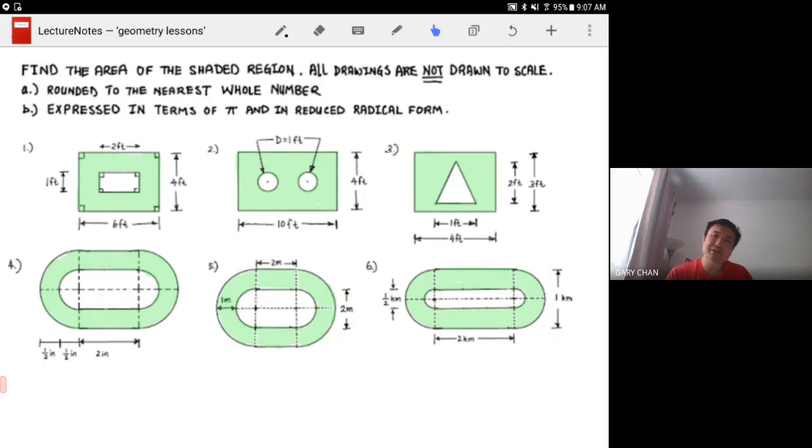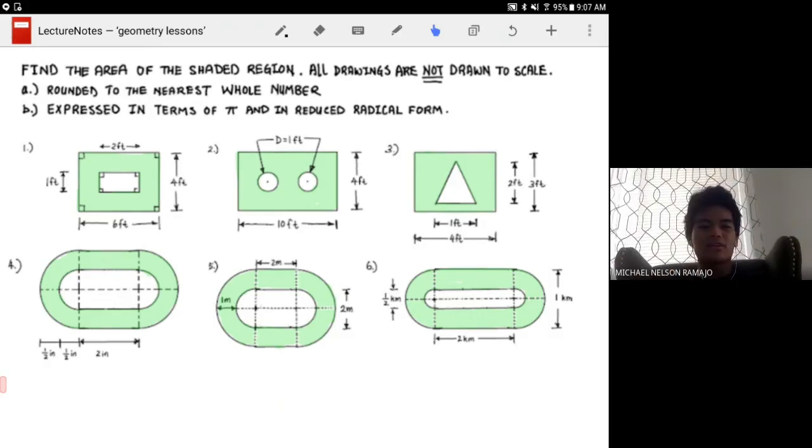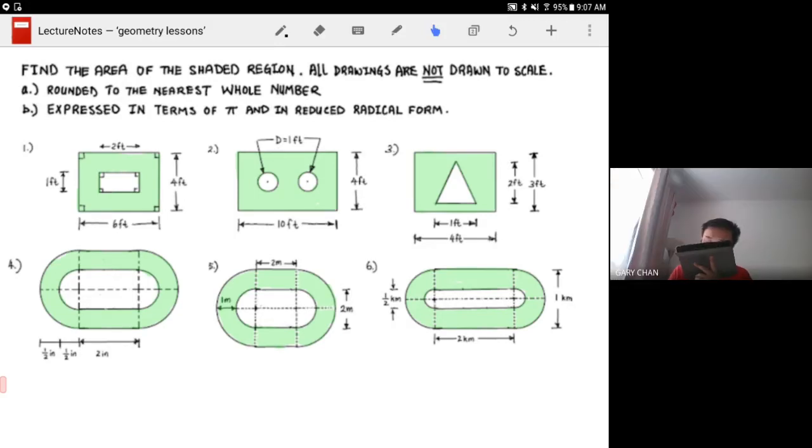So what's the goal of this? Maybe Michael, can you read the instruction? Find the area of the shaded region. All drawings are not drawn to scale. Round to the nearest whole number, expressed in terms of pi and in reduced radical form. Thank you so much.